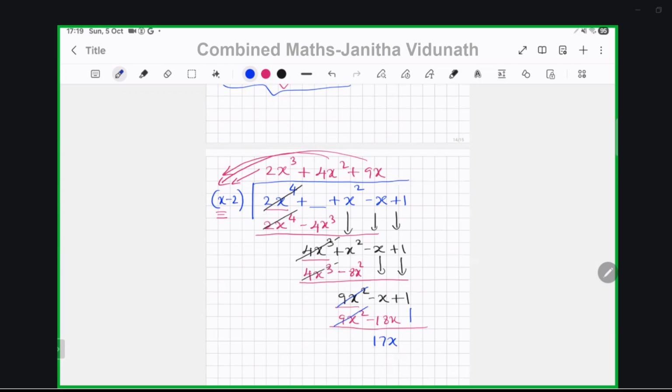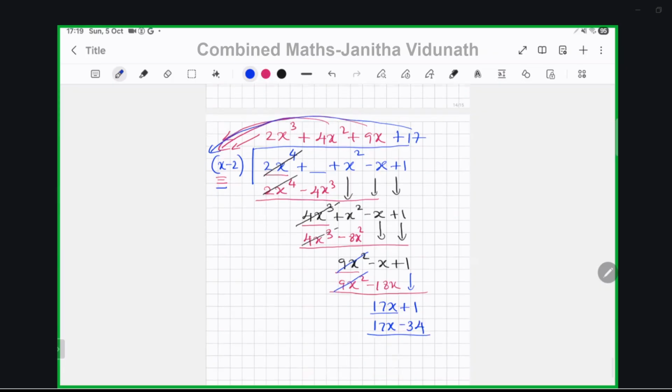Then we need to bring down plus 1. Then we need to divide 17x with the x. Then it will give plus 17. Then we need to multiply 17 with the entire divisor. Then it will give 17x minus 34. Then we need to subtract those two terms. Then 17x will cancel out. 1 minus minus 34 means 35.